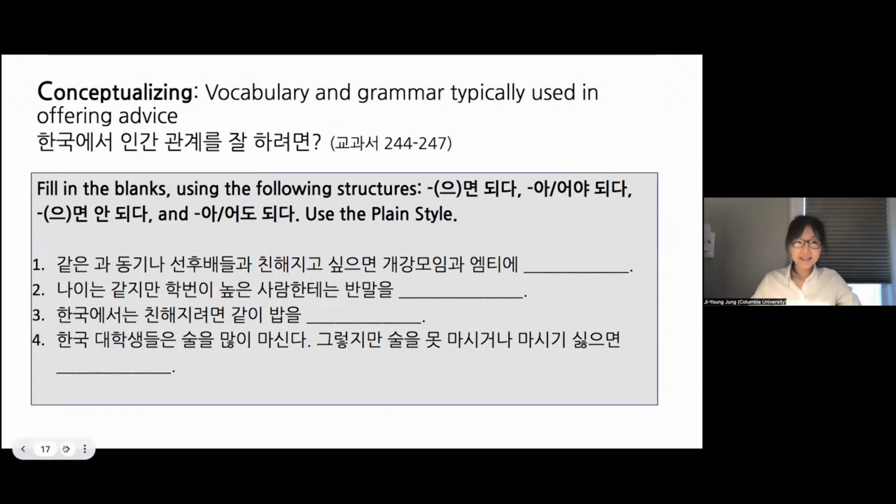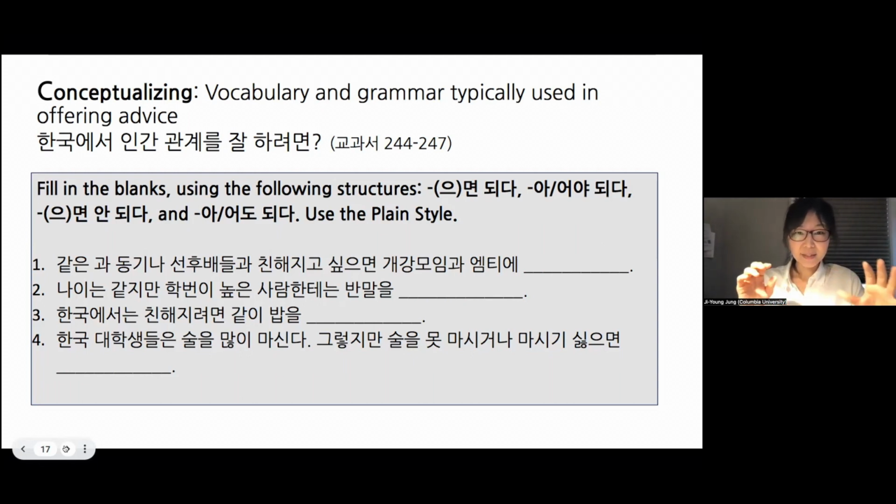All right, and then in the conceptualizing stage, they practice using the target grammar structures, and these 4 structures are typically used in giving advice, like the famous sayings that I just introduced to you.